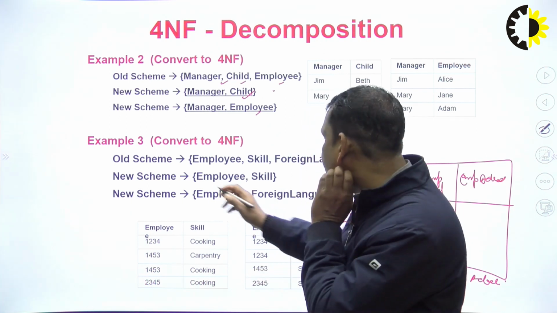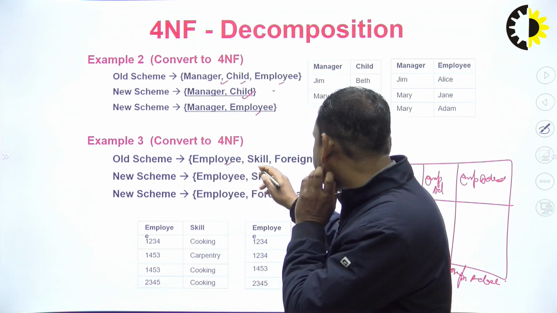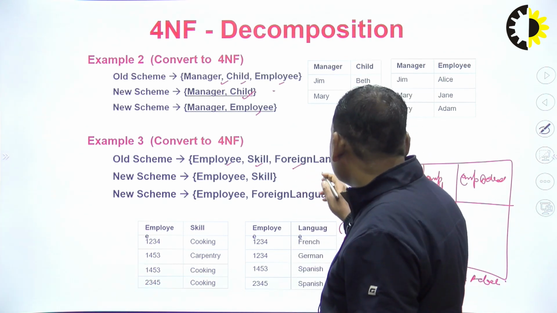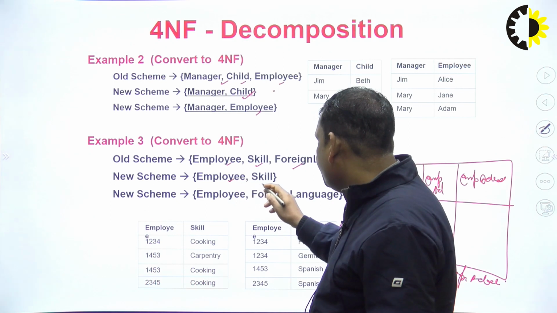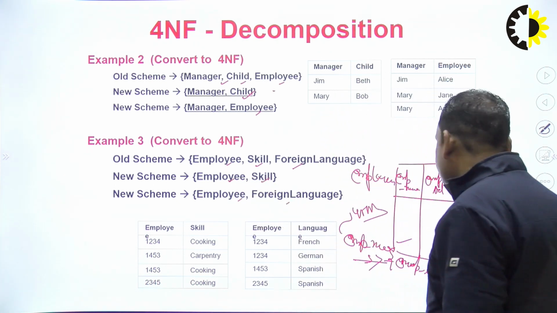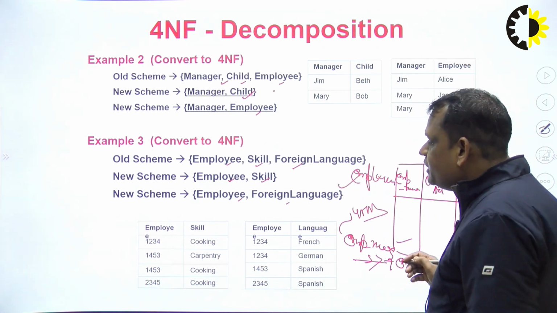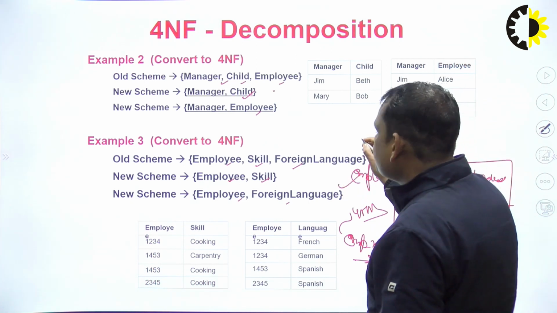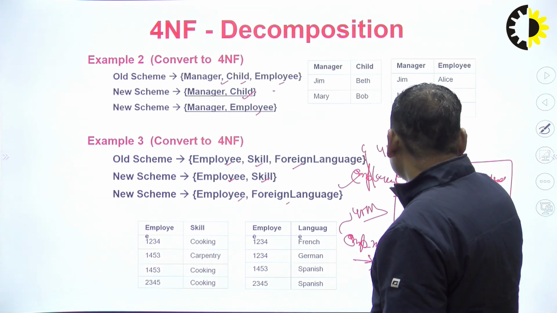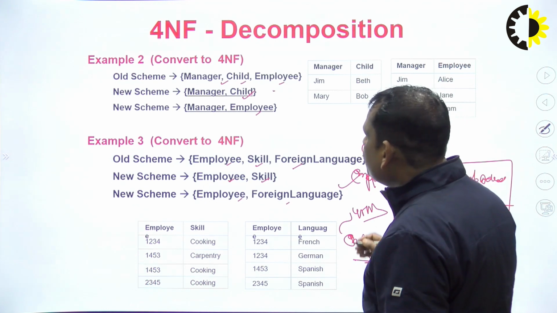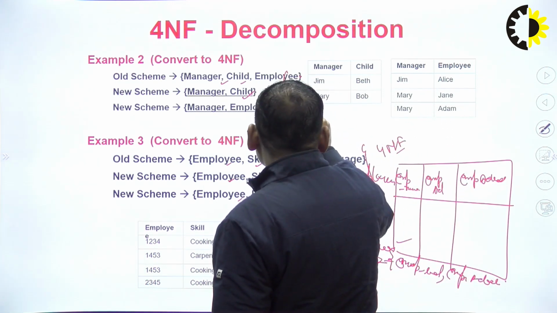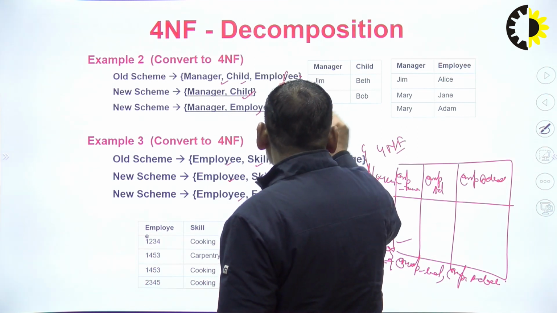Fourth normal form for employee and skill, for foreign language: employee and skill, employee and foreign language. This type of multi-value functional dependency is a fourth normal form.